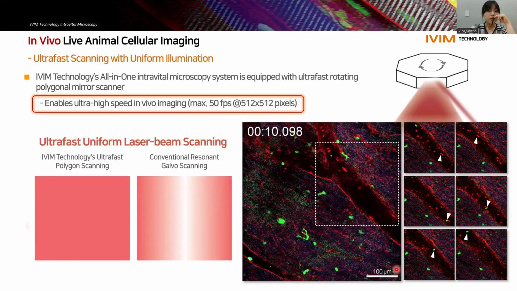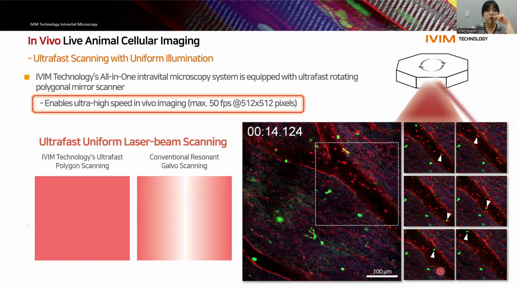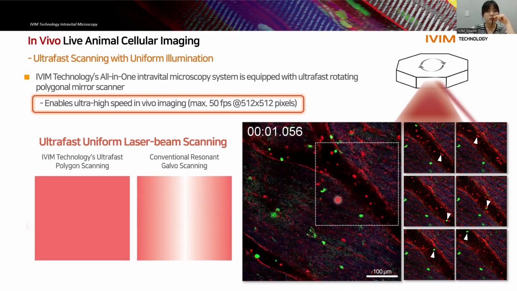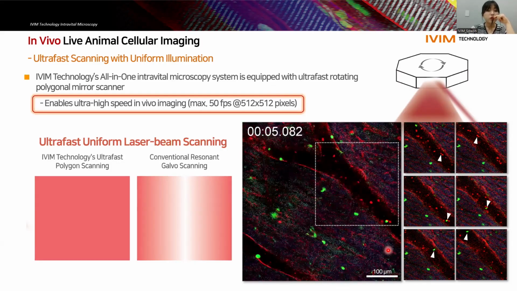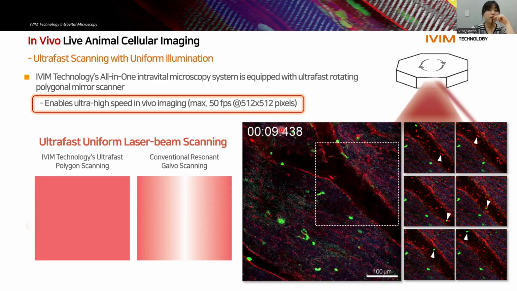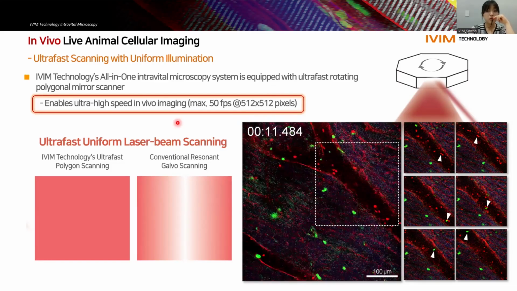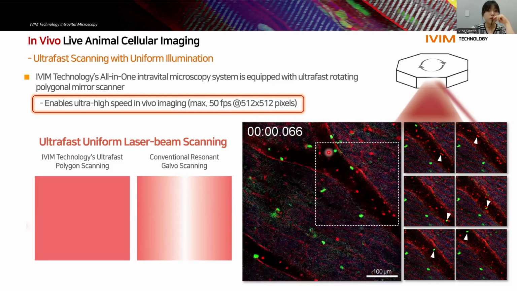So the video you see here is an example of red blood cells flowing rapidly through the heart, captured in real time. Using a resolution of 512 by 512 pixels at 50 frames per second, we can accurately record even these high-speed movements.